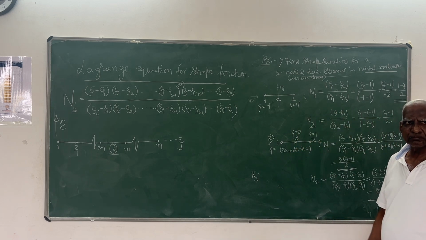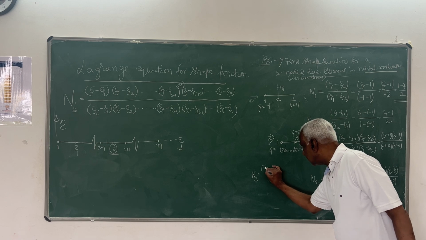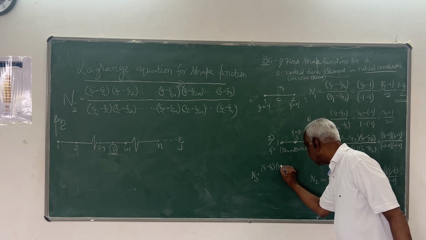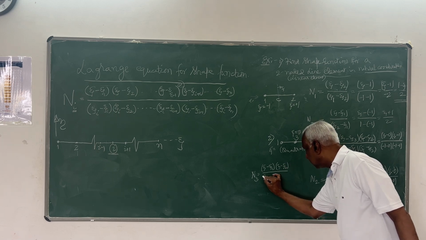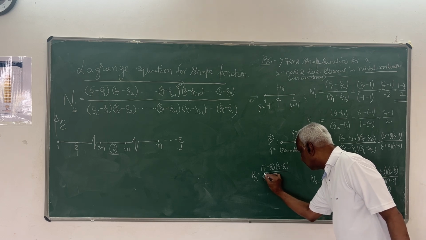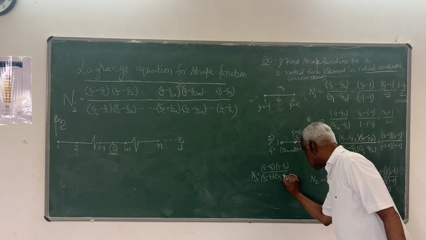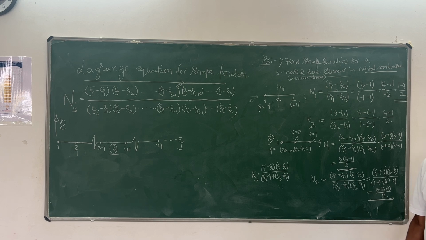shape function. n3 is psi minus psi 1 into psi minus psi 2 divided by psi 3 minus psi 1, psi 3 minus psi 2. Correct?